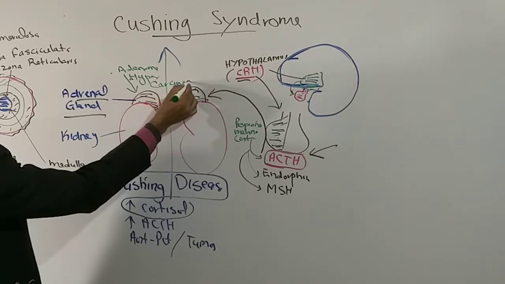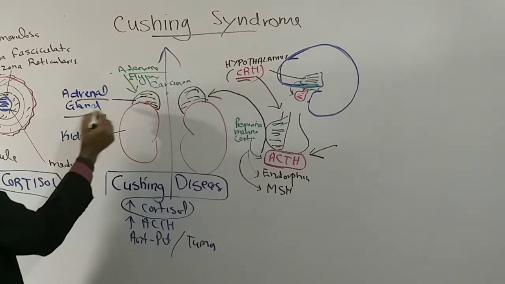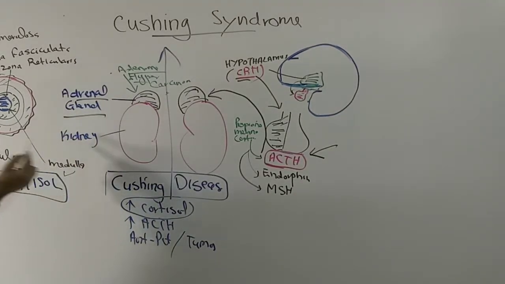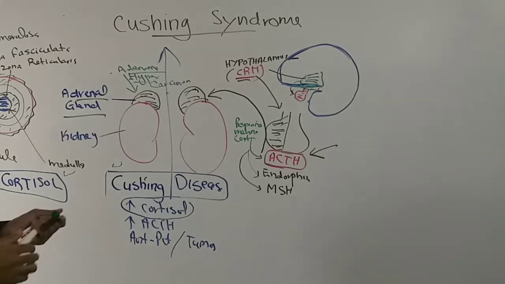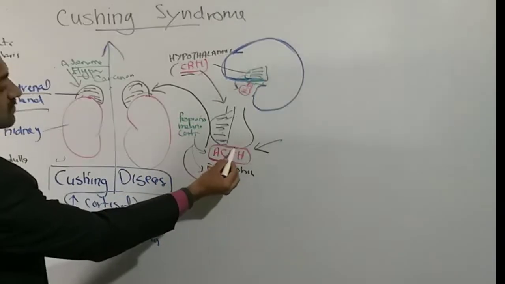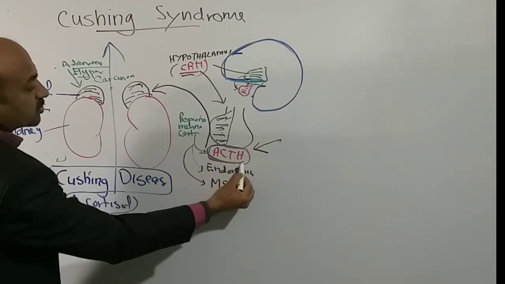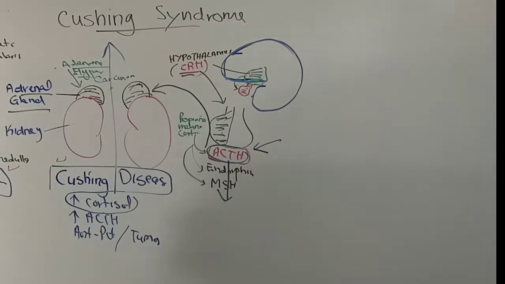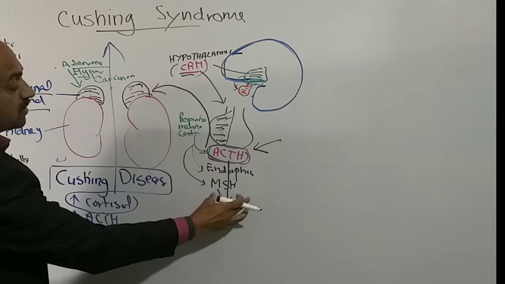So carcinoma, adrenal adenoma, or hyperplasia can result in higher formation of cortisol, or it can be a tumor of the pituitary gland, or some ectopic source of production of adrenocorticotropic hormone, not from the anterior pituitary but from somewhere else.